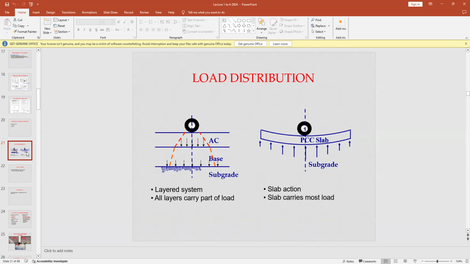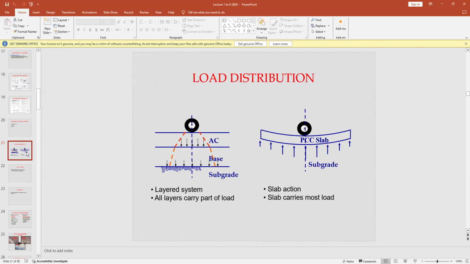So in Portland cement concrete, this cement does two functions. One is to bind the aggregates. And the second is not only does it bind the aggregate, but it contributes its own strength. So at the end, a PCC slab can carry more load. While in asphalt concrete, the asphalt has no strength at all. It only acts as a binder.